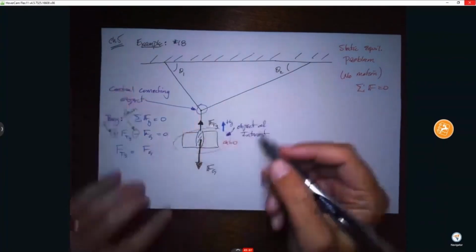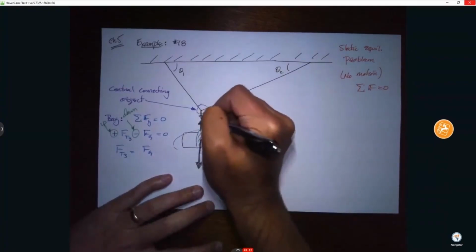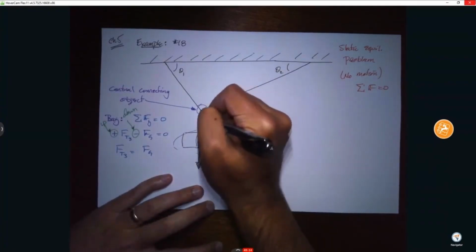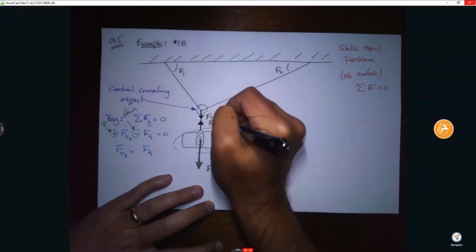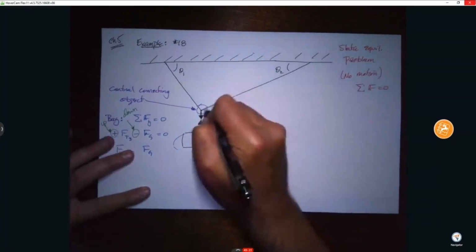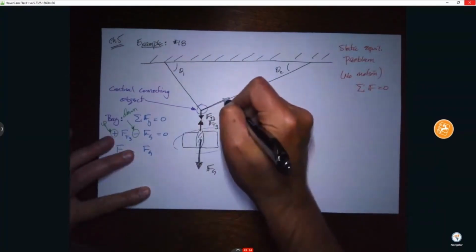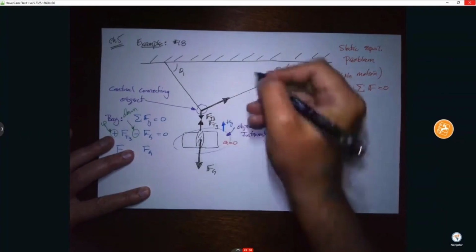And so when we look at the knot, in this vertical string we're going to have a tension force that runs along the string away from the object, which is the knot. So this will be my force tension 3, like so. And then this is going to be my force tension 2, and it goes along the string away from the object.